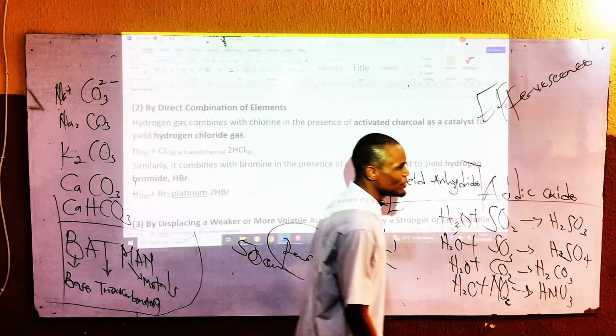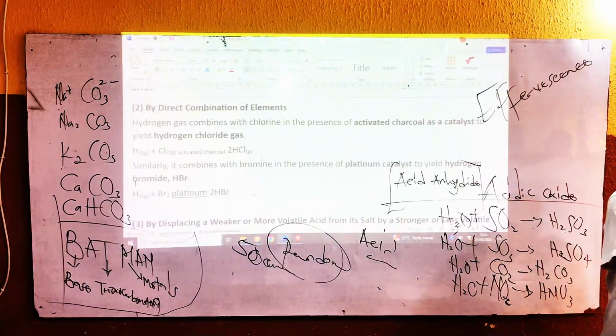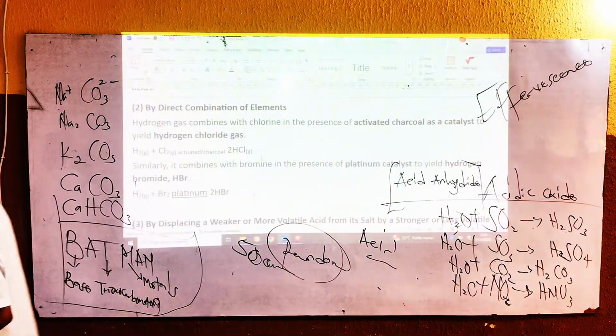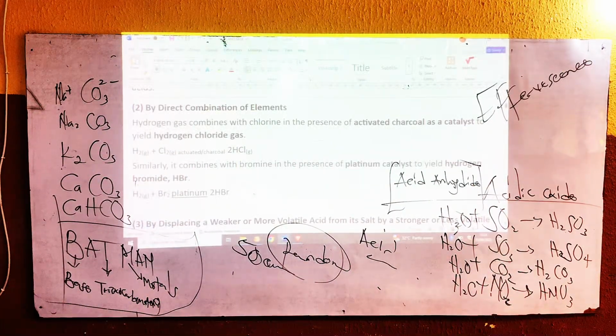By direct combination of elements, by combining two elements together, they will form acids. Now, this is activated charcoal here.